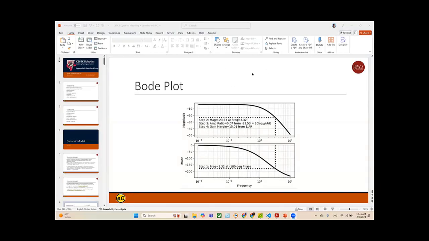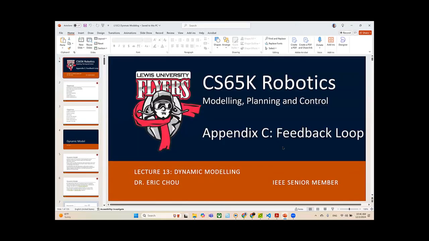In a way, everything that we pick up is a big course. Even this dynamic feedback loop simulation by itself is a course.